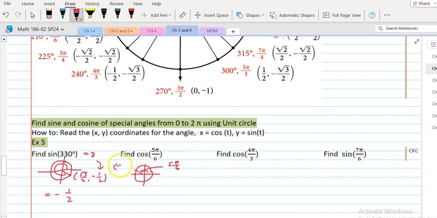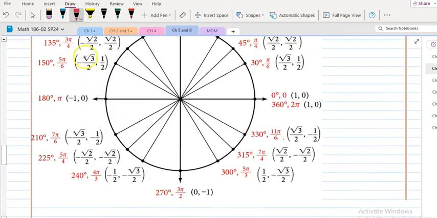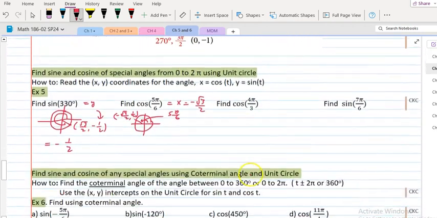I want the x value. The x value is negative root 3 over 2, because the point is negative root 3 over 2 comma 1/2. Do you see?